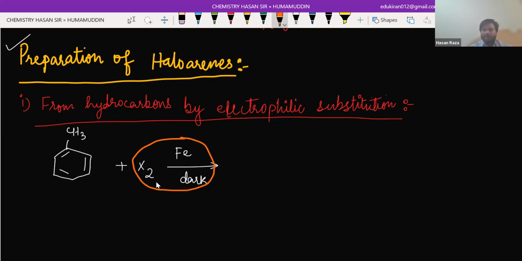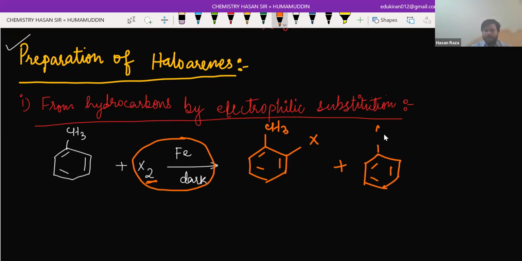There will be generation of an electrophile X plus, and that X plus will go with respect to methyl at ortho, and with respect to methyl it will go on para as well.